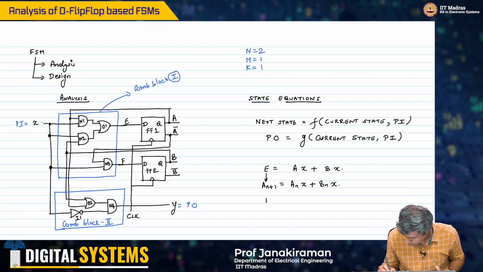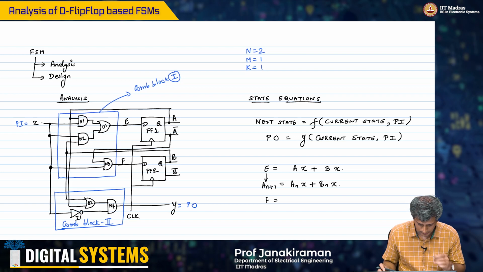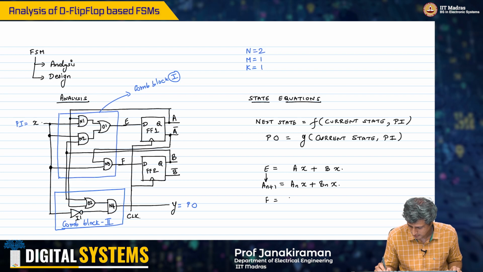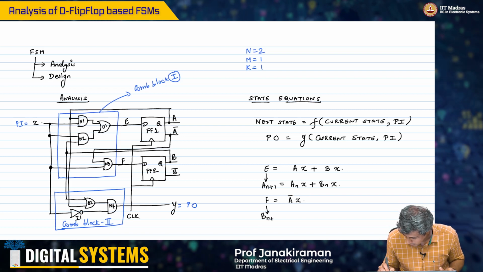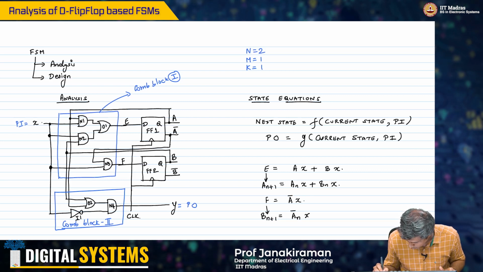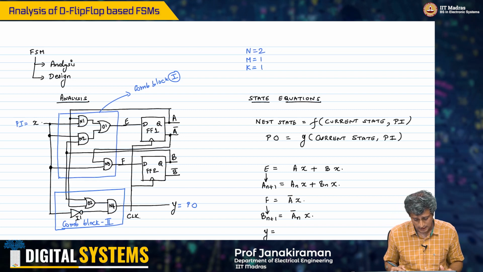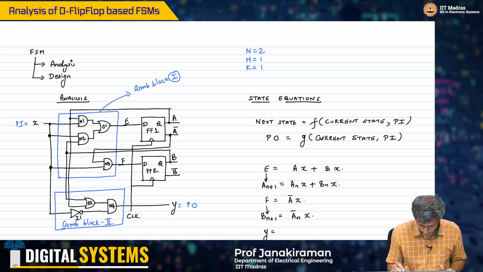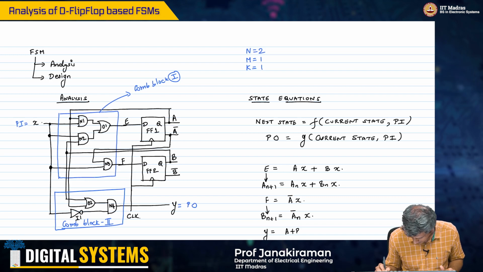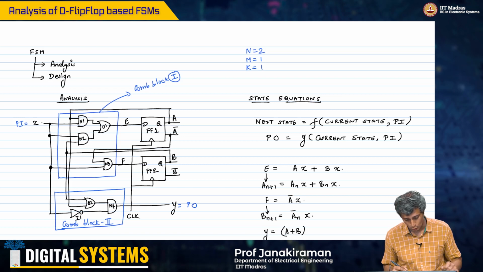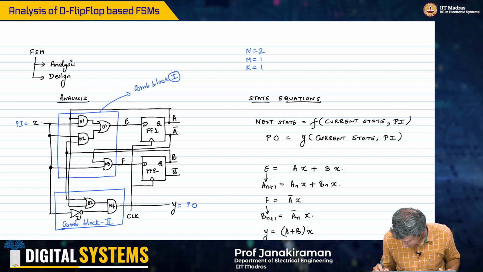So that is the current state of A and B and the input X. On the other hand, the output F, which is the output of N3, is coming from A bar and X, so it is A bar into X. We know that F is nothing but B n plus 1, equal to A n bar into X. Likewise, the output Y is a function of B and A. This is going to come as A plus B, which is the output of O2, the OR gate 2, and then N4 is ANDing the inversion of X, so into X bar.